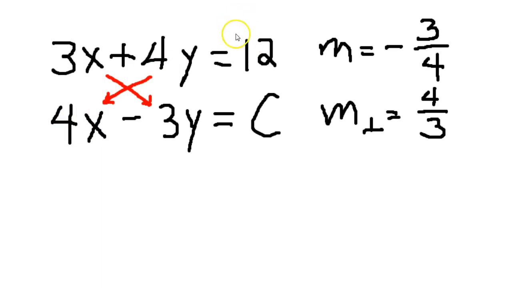And then the other thing that we also do is we change the sign. So in the original equation, the sign was positive. In the new equation, the sign is going to be negative. So we can go from the left side of the original line and write the left side of the perpendicular line. And we're going to do 2 or 3 more examples of this.